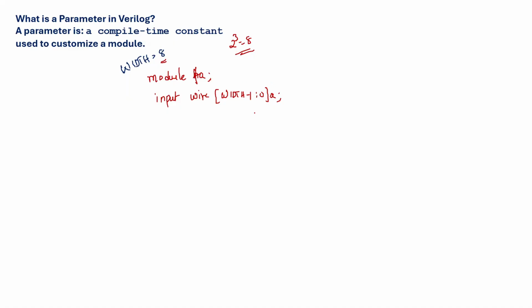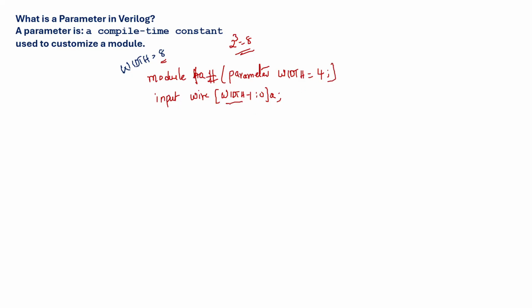How do I represent this width value? Here I will take a hash parameter, maybe width, and width equal to 4. So then width is 4.